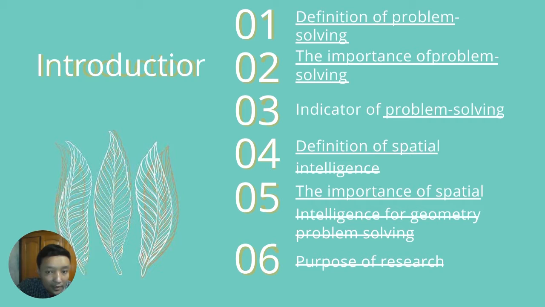The importance of spatial intelligence for geometric problem solving: to study geometry materials, spatial intelligence is needed. This study aims to describe students' spatial intelligence levels in solving geometry problems.